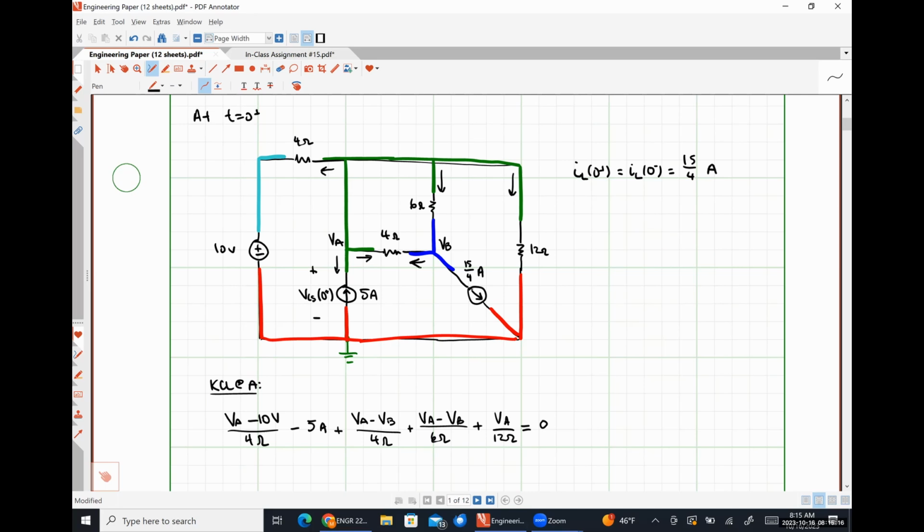KCL at B, I'm going to add this current and this current together.